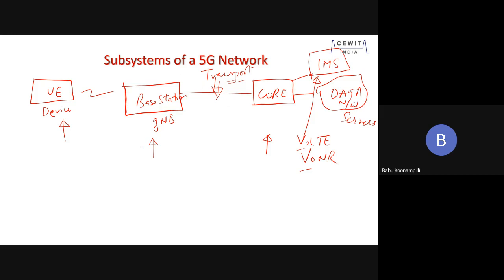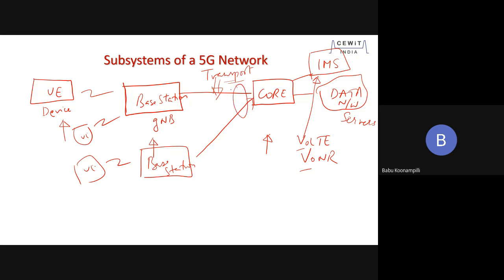When you have several UEs connected to several base stations, tens of thousands of UEs connected to base stations, and all the base stations connected to the core, the transport network becomes very important in terms of how much total capacity it can carry. It could be tens of Gbps, and in future several tens, near to 100 Gbps. So that's very important in terms of the transport design.